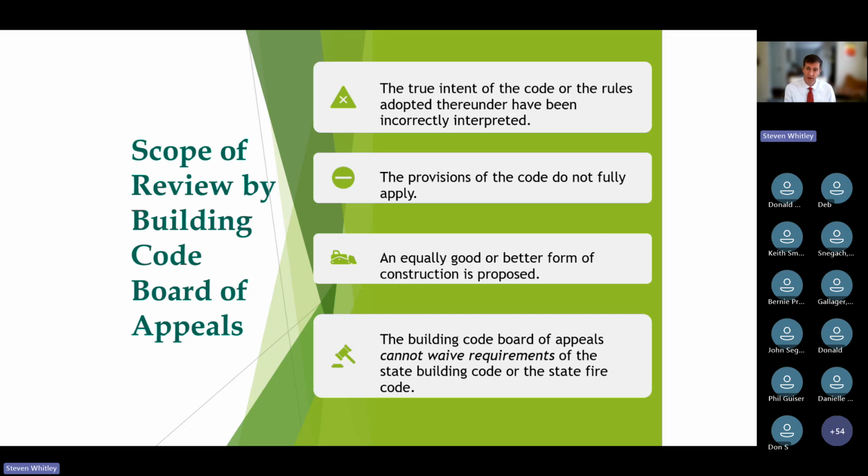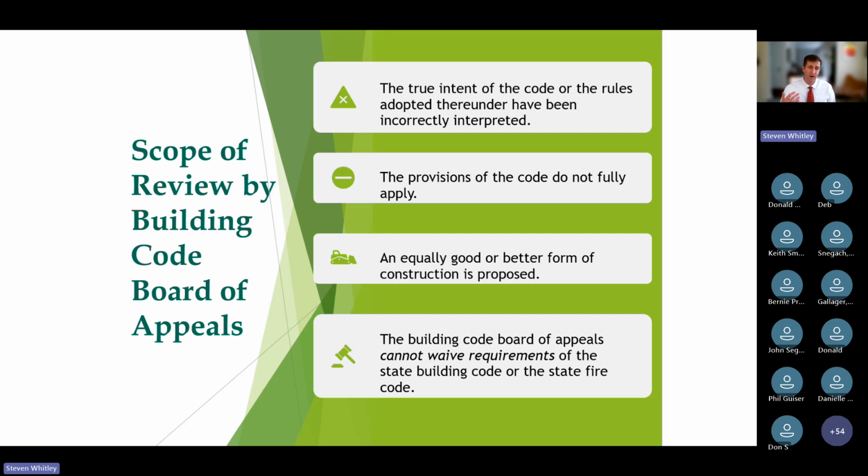Similar to the state fire code, the Building Code Board of Appeals, again, this is at the local level, cannot waive requirements of the state building code or the state fire code. That can only happen at the state level. So it gets kind of confusing if your Building Code Board of Appeals is your ZBA, because the standard that's being applied is not the typical ZBA standard.